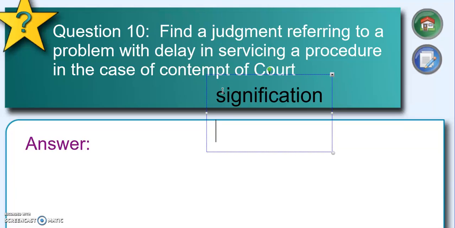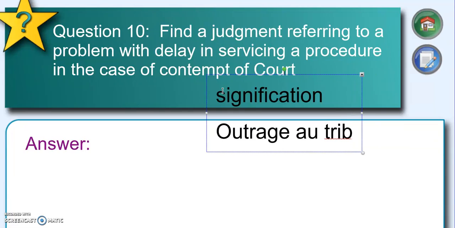Do you know what contempt of court is? If you don't, contempt of court is outrage au tribunal. So can you go in your index analytique and find signification and outrage au tribunal, or outrage au tribunal and signification, one or the other, because the keywords will not always be in the correct order.